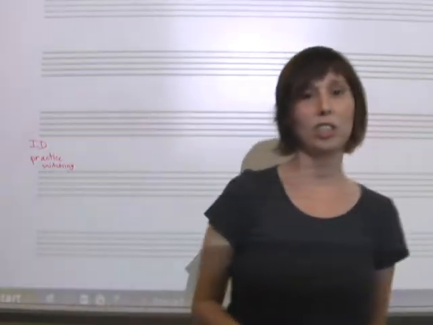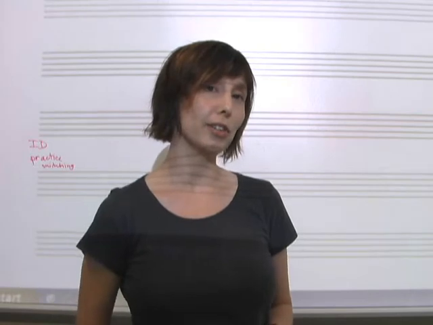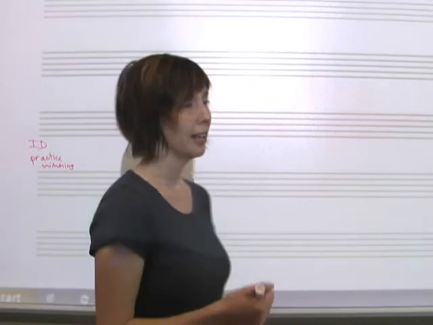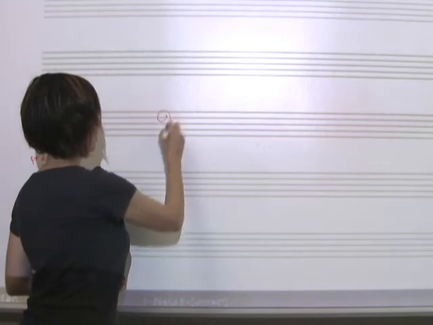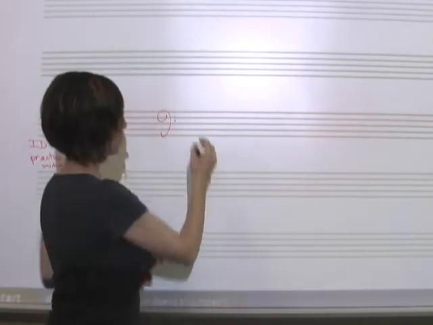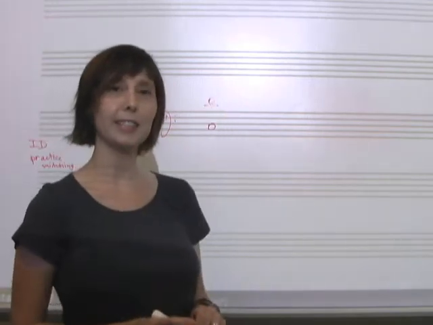The last thing you should know about intervals is that there are intervals that are larger than an octave. And these are what's known as compound intervals. So you can probably figure out what interval that is.